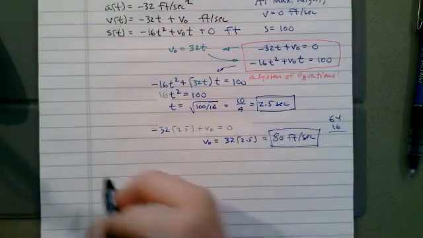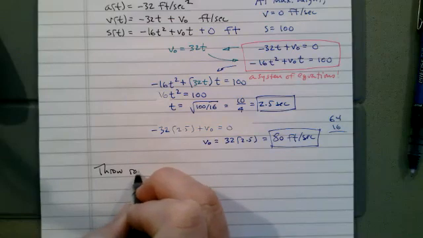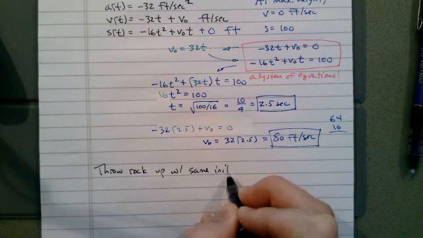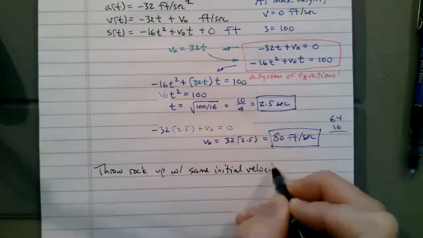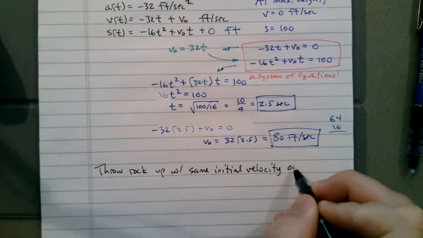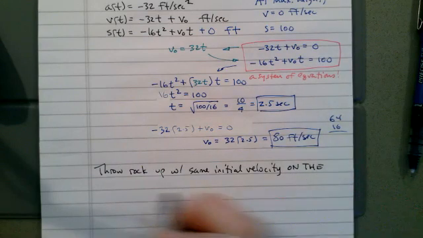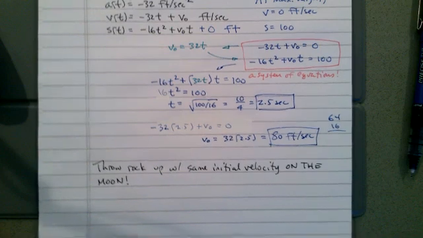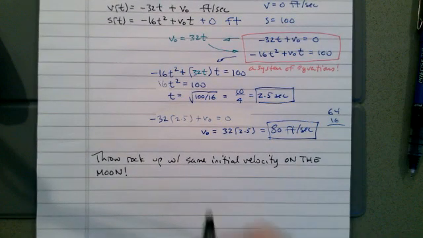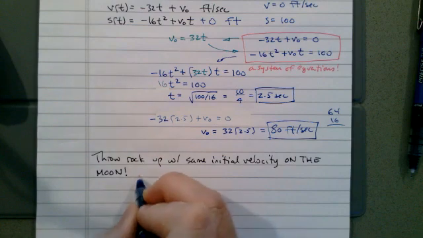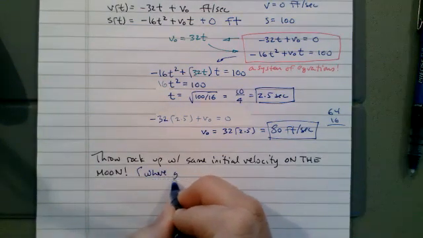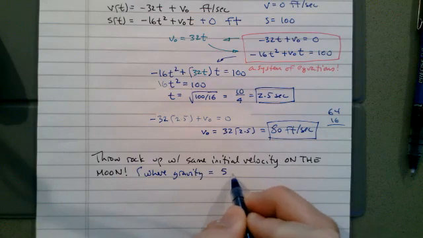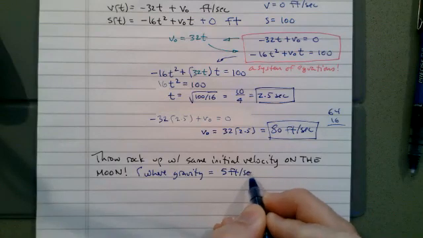So throw the rock up with the same initial velocity on the moon, where gravity is less. I should say acceleration due to gravity is 5 feet per second squared.